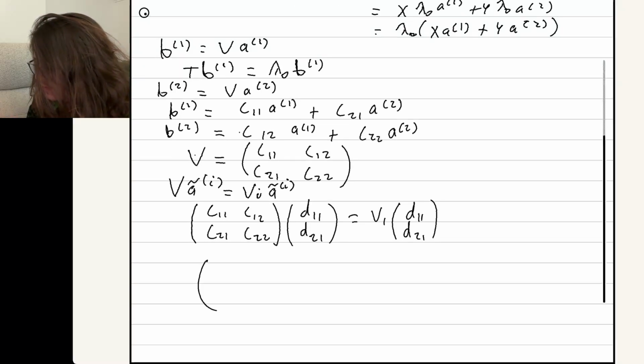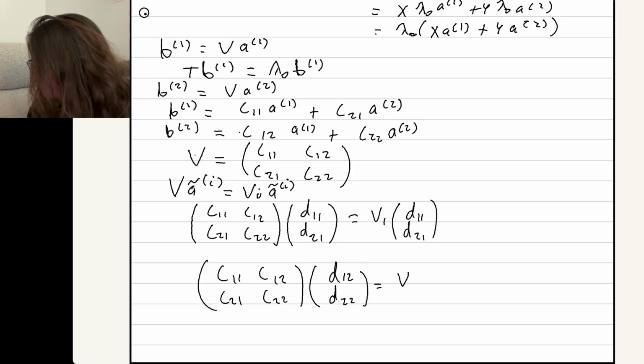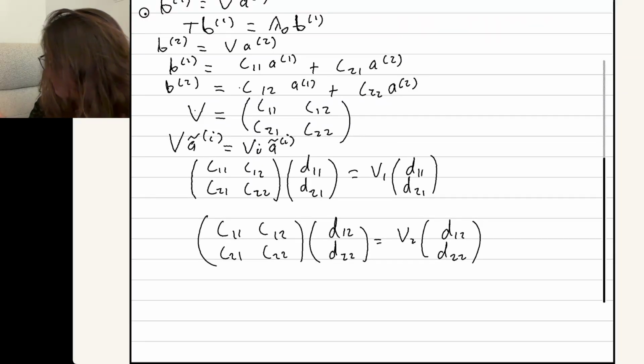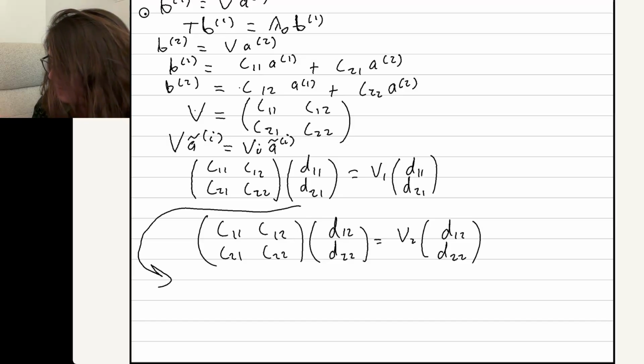And you would also get the matrix C11, C21, C12, C22 acting on D12, D22 equals V2 times D12, D22. That way, what we've done is set up the A tildes in the basis of A1 and A2.